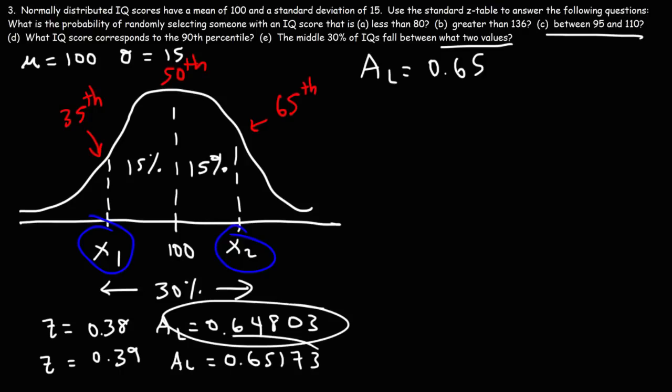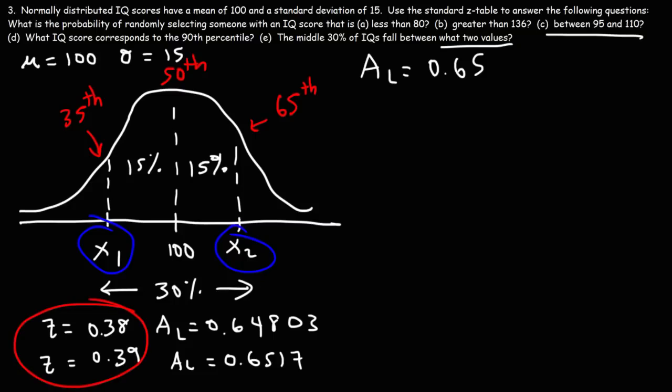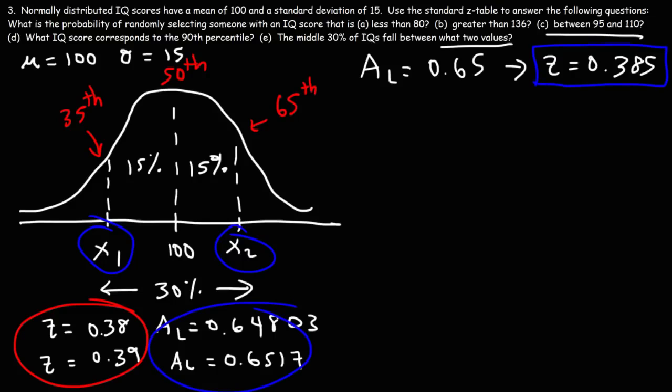So these two values are almost equidistant from 0.65. Therefore, if we average them, we'll get a number close to 0.65. So I'm going to take the average of those z-scores. So I'm going to choose a z-score value of 0.385 because 0.65 is in the middle of these two numbers.